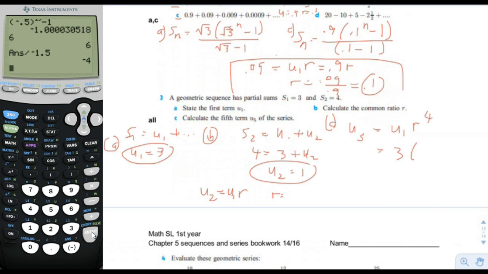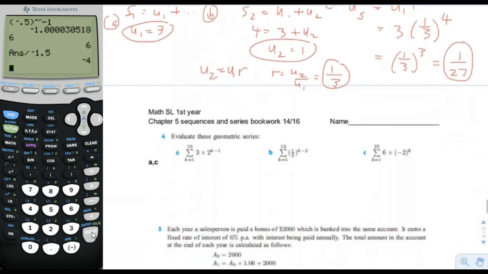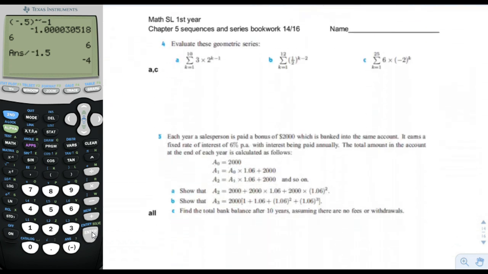So r is equal to u2 divided by u1, and u2 is 1, u1 is 3. So r equals 1/3. So we can put here 1/3 to the 4th. Okay, so this is actually equal to 1/3 to the third, which is equal to 1/27. Okay? All right.